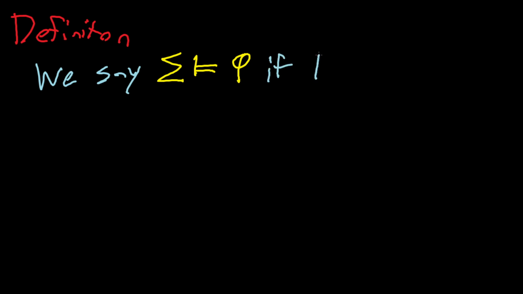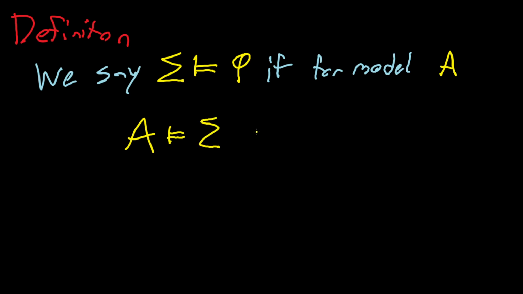So, our definition here is, we will say sigma double turnstile phi if for every model A, I like doing gold for the variables so it's more clear, A models sigma implies A models phi.